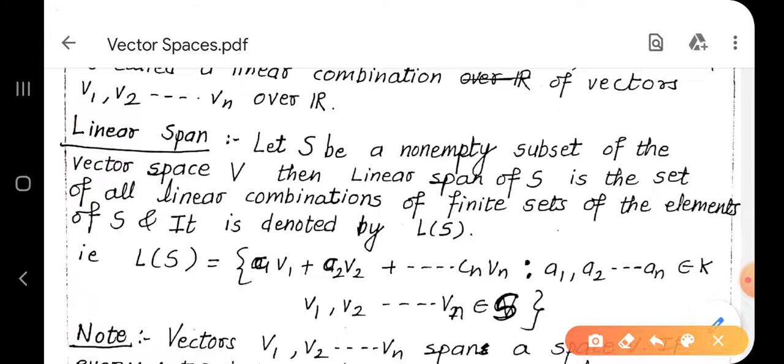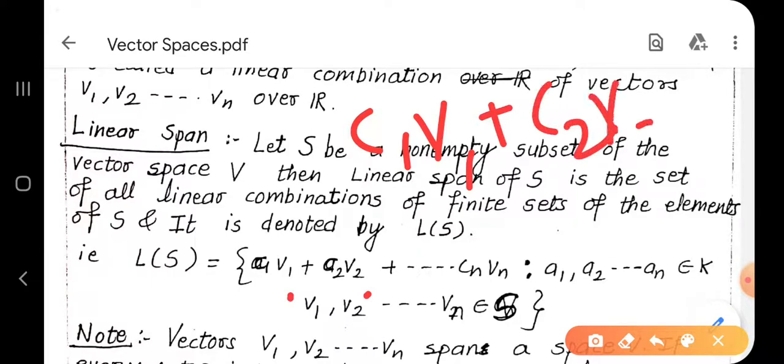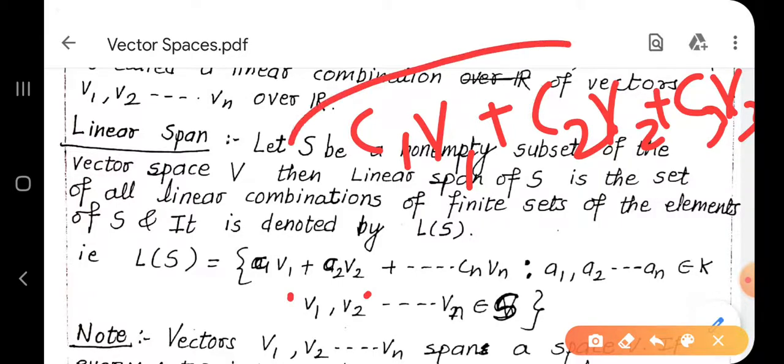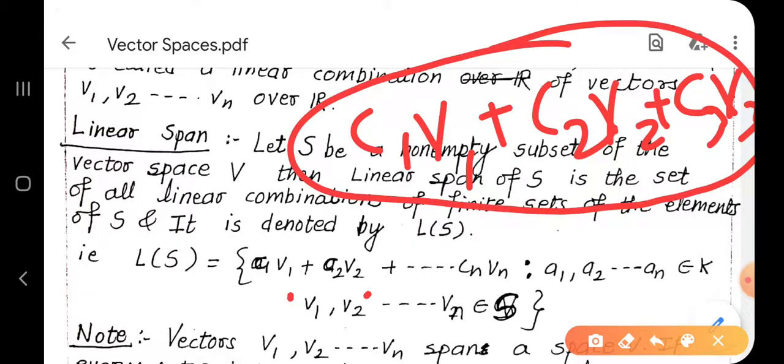Then L of S is c1 v1 plus c2 v2, but S contains only 3 elements in my case. So here c1 v1 plus c2 v2 plus c3 v3, correct? So for each element of S and scalars, all possible combinations, it may be possible that c1, c2, c3 may change. So all possible combinations is called the linear span of S, right?